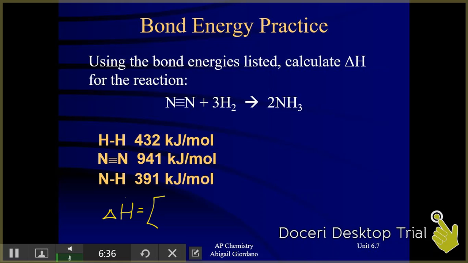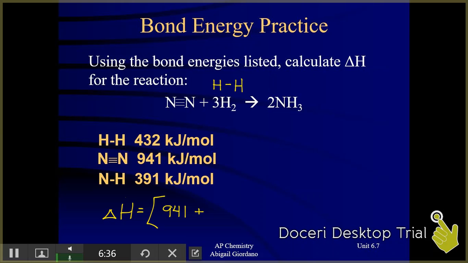So what's being broken? The first thing to be broken is a nitrogen to nitrogen triple bond, which has a bond energy of 941. That's not the only thing that's going to be broken. I'm also going to be breaking not one, not two, but 3 hydrogen to hydrogen bonds, because that's what's right here in this second reactant.